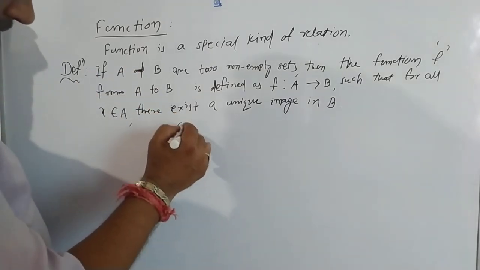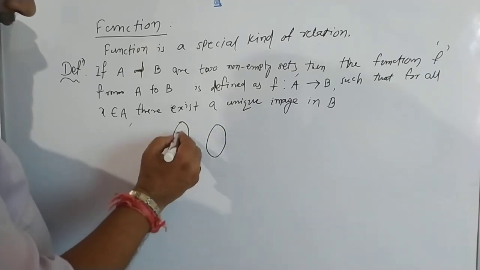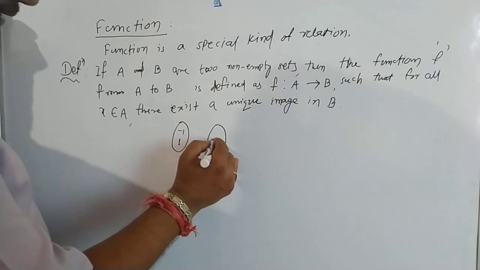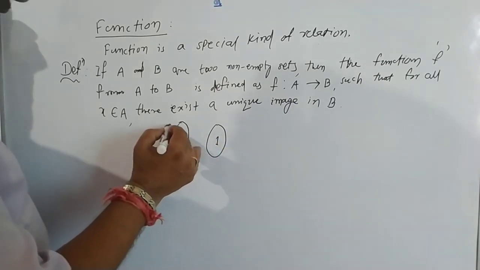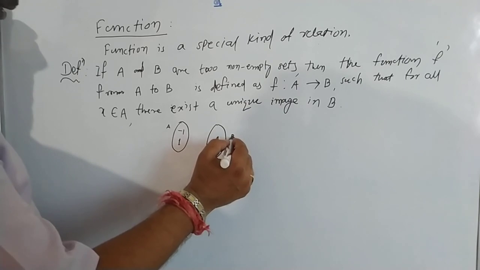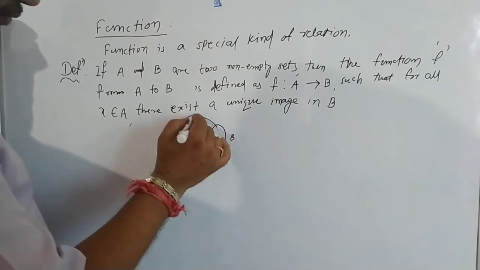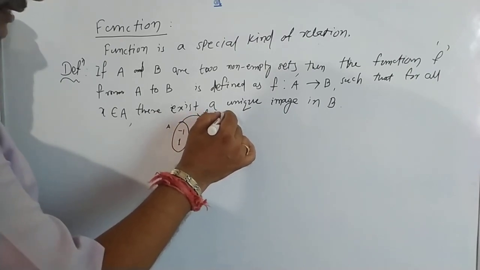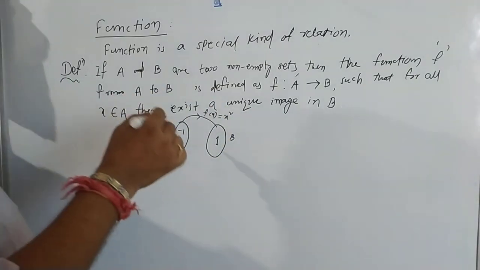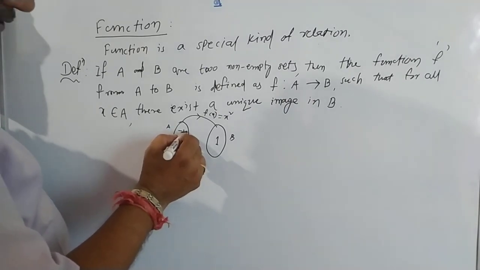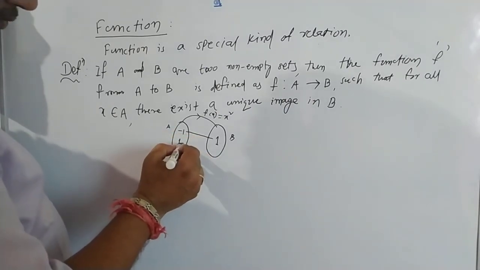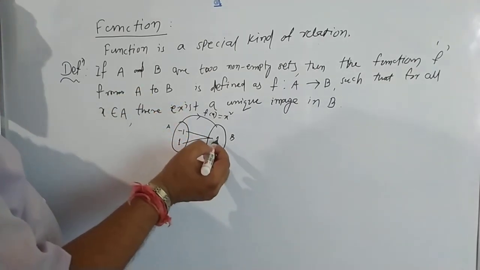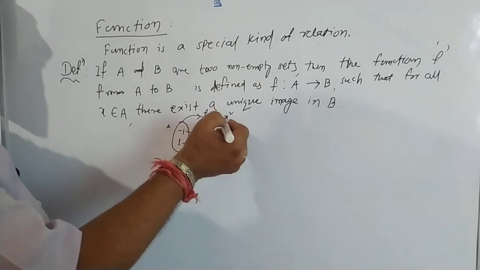For example, here -1 and 1. This is set A and this is set B, and the function f of x is equal to x square. Square of -1 is 1 and square of 1 is 1. So it's a many-one relation which is also a function.